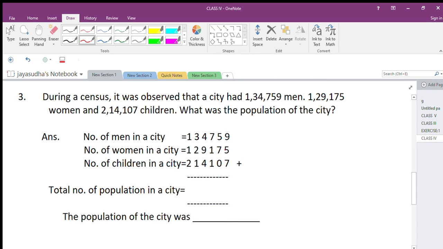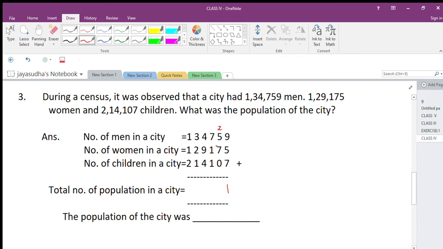Now listen, 7 plus 5, what? Tell me the answer. 7 plus 5 is 12. 12 plus this 9 is 21. So you have to write 1 here and carry 2 to the next column.